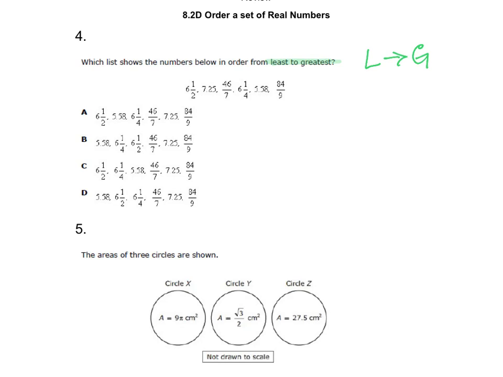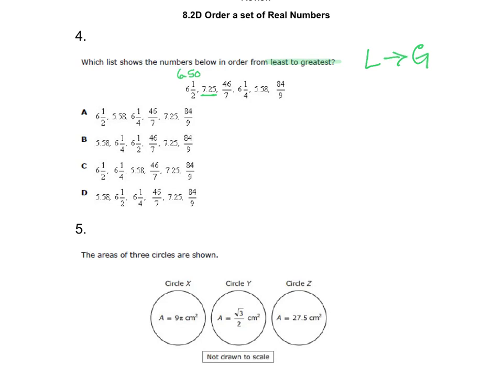And I'm going to put them right above. 6.5 is 6.50. Then we have this number right here. Put 46 divided by 7 in your calculator. You can stop this and convert all of these on your own. And we'll get back together when you're finished.